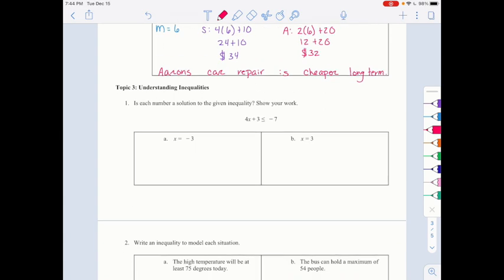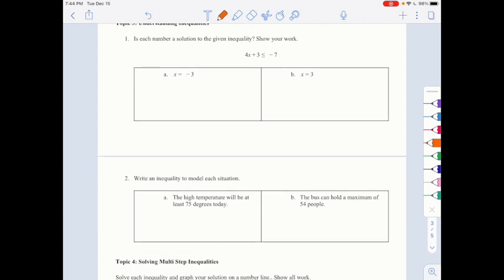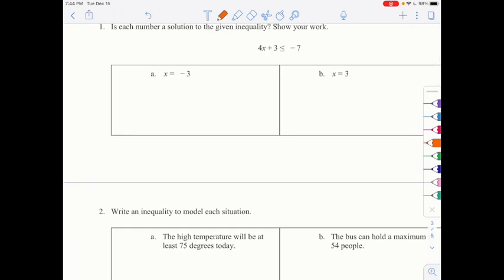All right, moving on to inequalities. So we need to understand inequalities first before we can even solve them. So it says, is each number a solution to the inequality? So I'm going to just sub in the number. So if x equals -3, does it work? So that's -12 plus 3 less than or equal to -7.